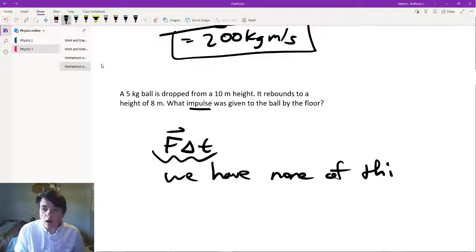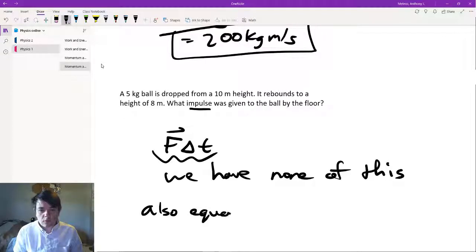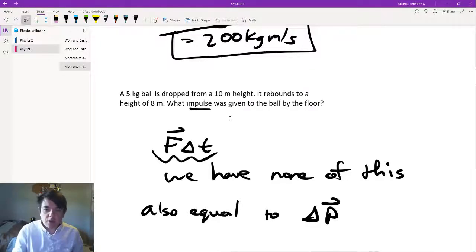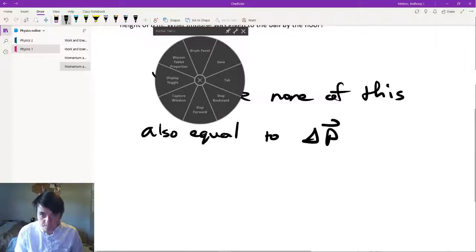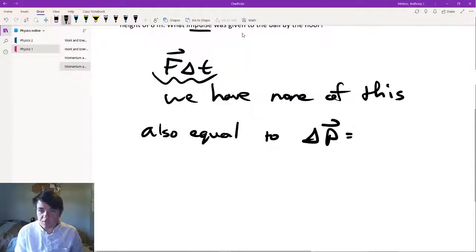But impulse was also equal to the change in momentum. And the change in momentum is equal to mv final minus mv initial.